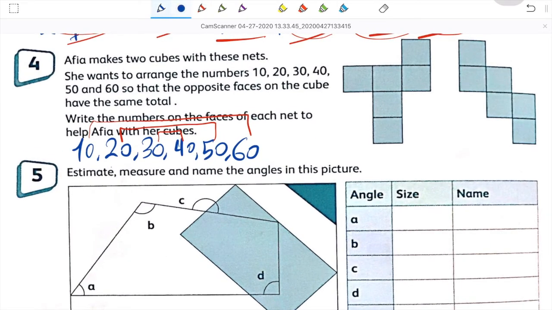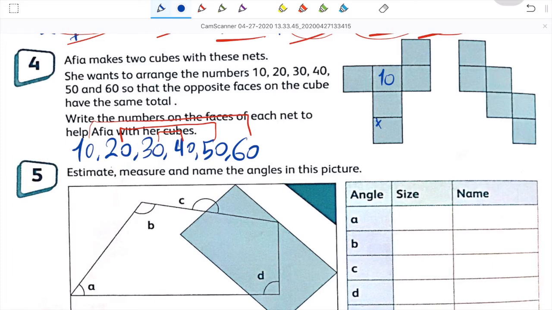Okay, so let's say this face of the cube is going to be the base of it. So obviously I can start writing 10 here. If this is the base, once you fold it, this part is going to be the top part of it.